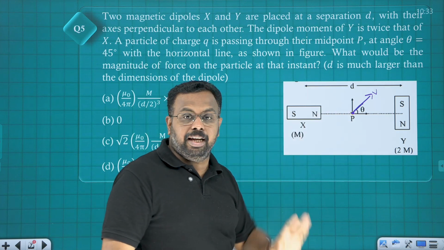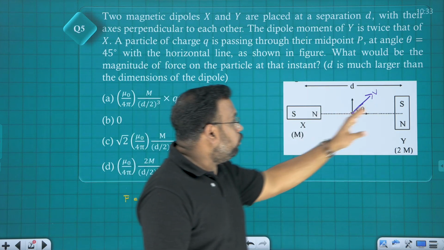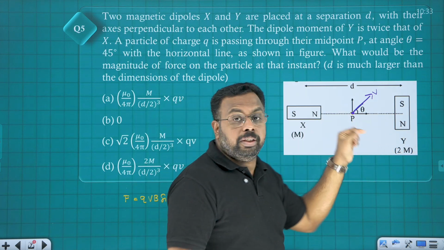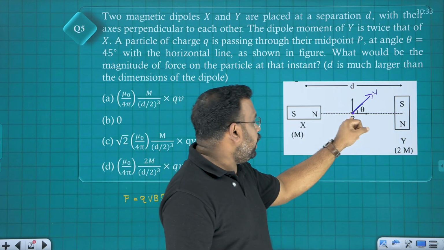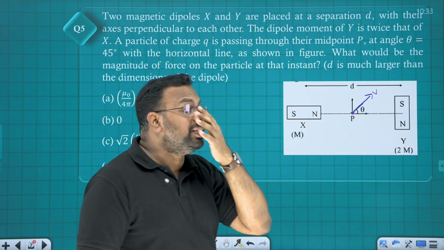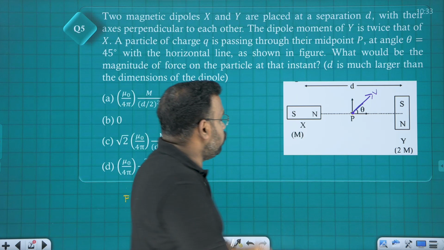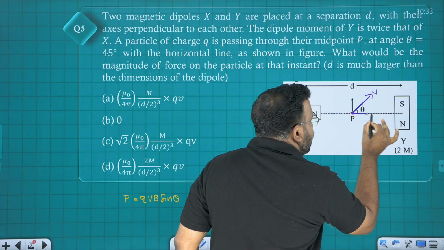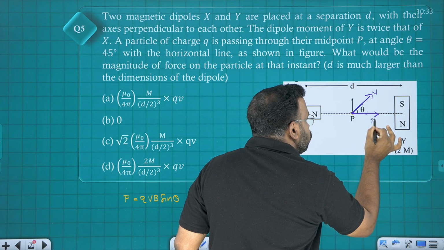So it is on the axial line, and when you are taking the magnet Y, you can see the point P is on the equatorial line. So what is the direction of magnetic field? First of all, field lines will be starting from north. So here Bx direction will be like this. This is the direction of Bx.